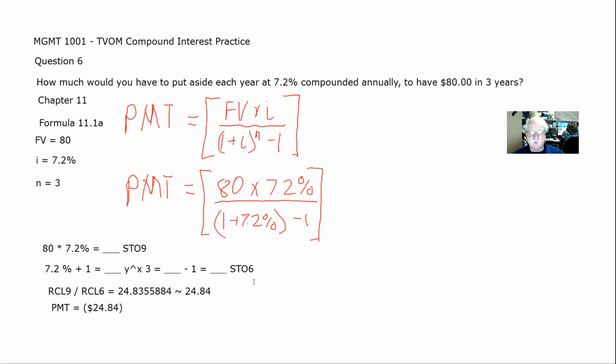It has to come out of our pocket, and eventually we'll get $80. That's positive. It's coming into our pocket. So hopefully that works. Let's stop recording.